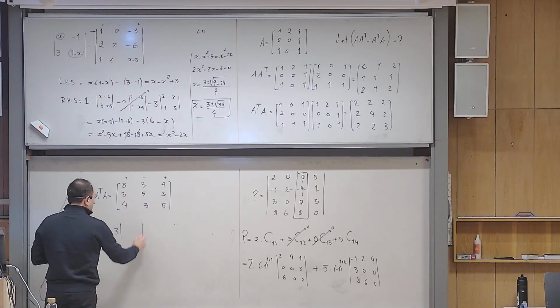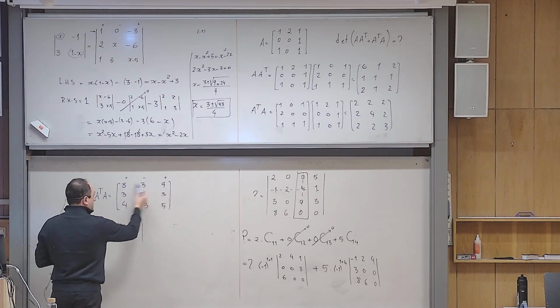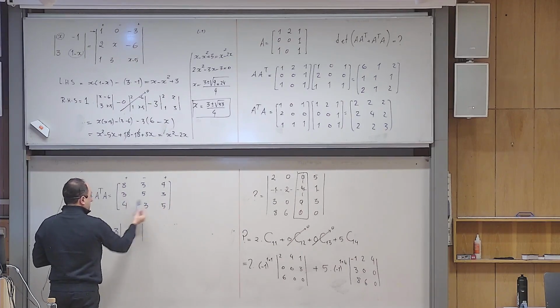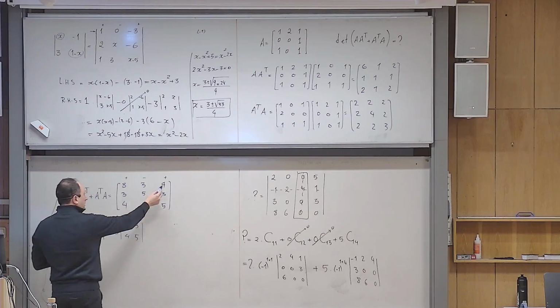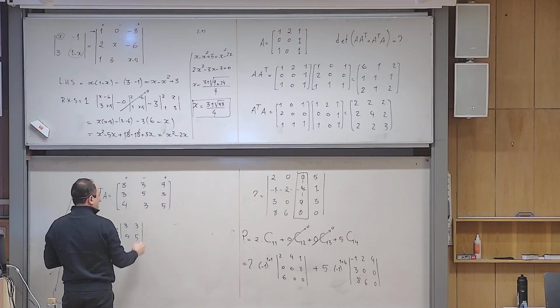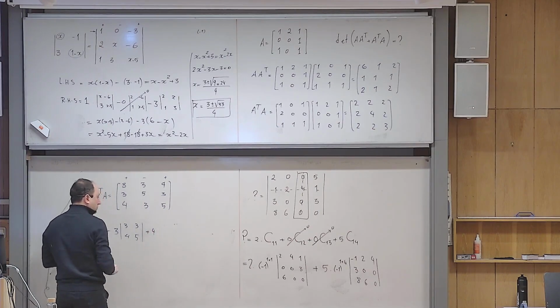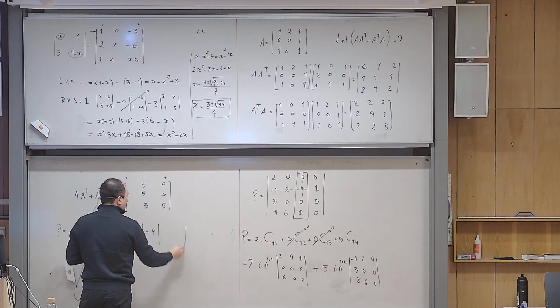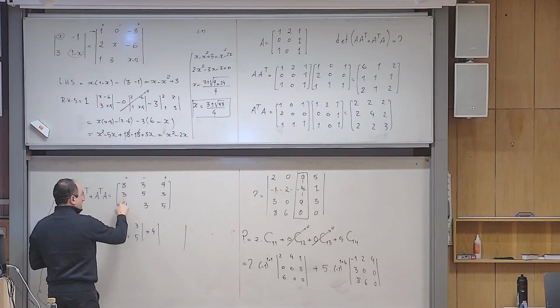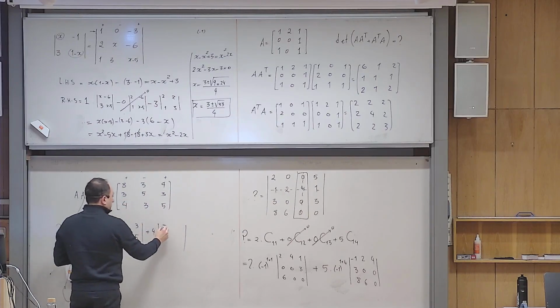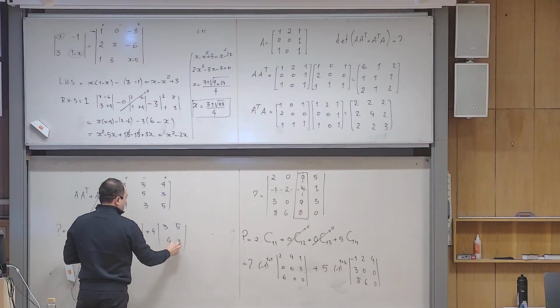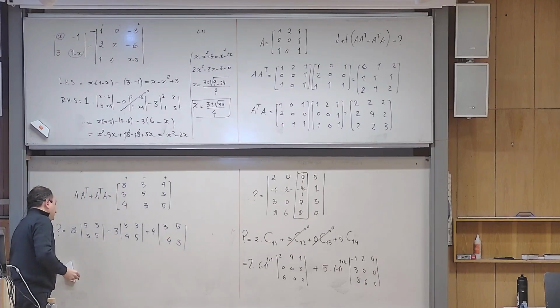And then I eliminate this column and that row. So 3, 3, 4, 5 is left. And then finally I go here, 4 is positive, this sign is also positive, so I bring positive 4 down, and then I remove these two, 3, 5, 4, 3 is left. Yes, is that right?